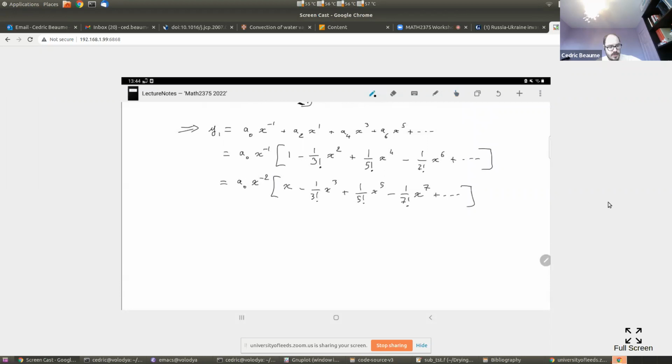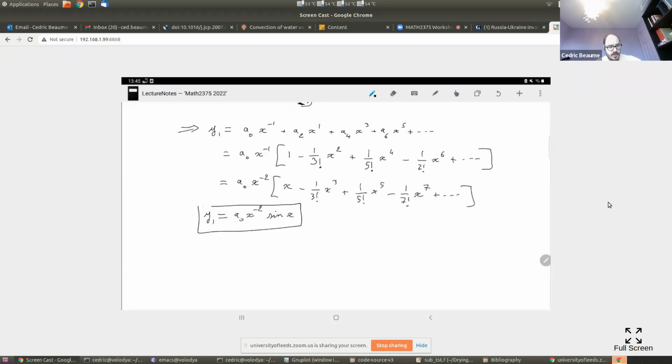This is a sine. So what we get here is a0 x to the minus 2 sine x. This is the Taylor expansion of the sine in the vicinity of 0. Okay? So this is what we get here. Are there any questions? That's the solution of this part of the question, y1.